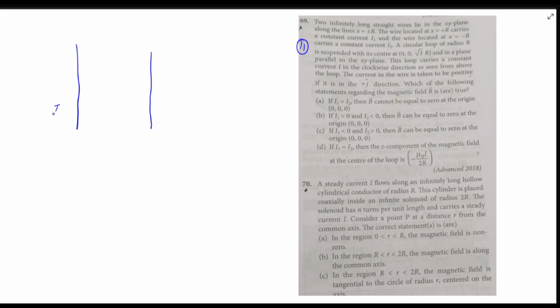Okay, so in this it has I1 current, and in this it has I2, which is located at x equals plus r. So this has I1, this will have I2. This is x equals minus r, right? This is the x-axis, and this is the y-axis.